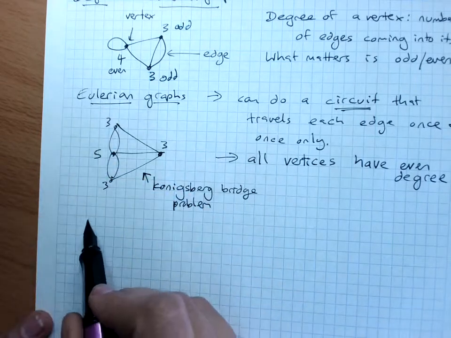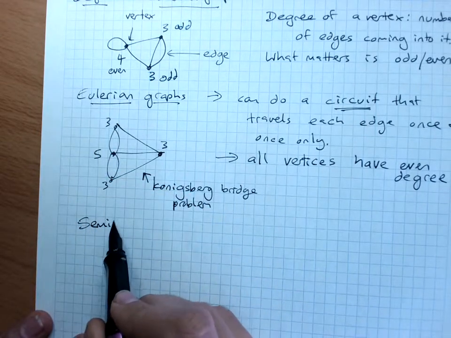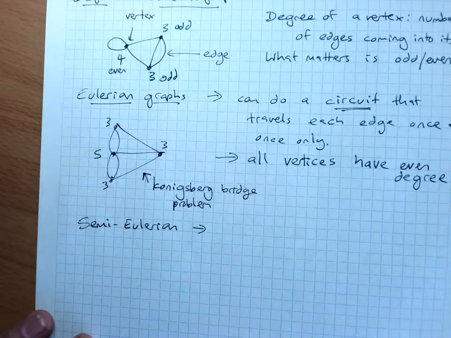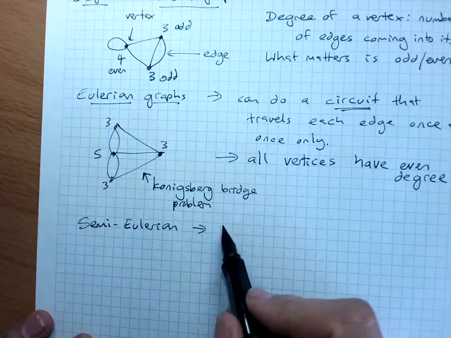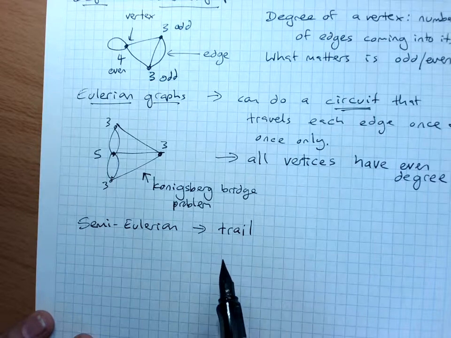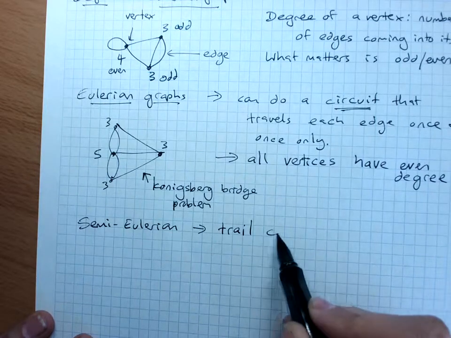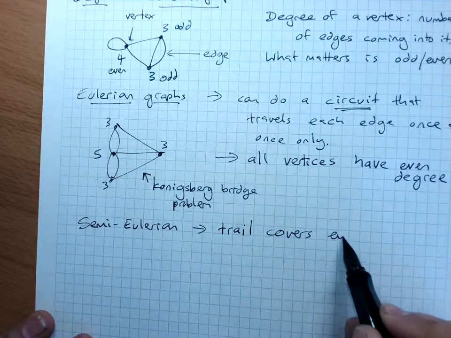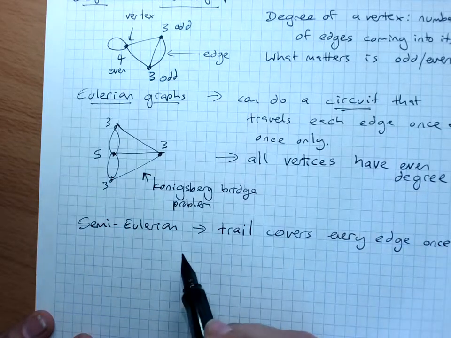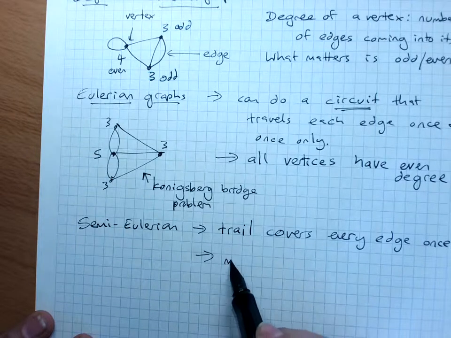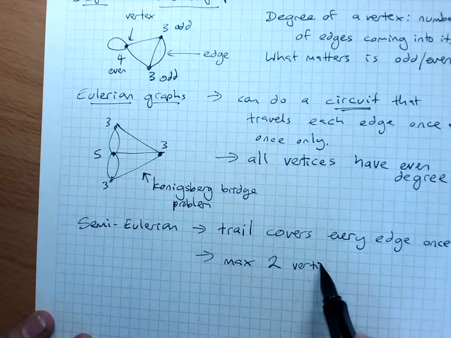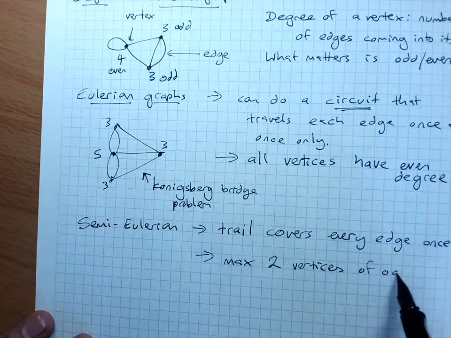Our graphs can be semi-Eulerian, and for those you can do a trail, not a circuit. That means it doesn't start and end at the same vertex, but it still covers every edge once. For semi-Eulerian, you can have a maximum of 2 vertices of odd degree.